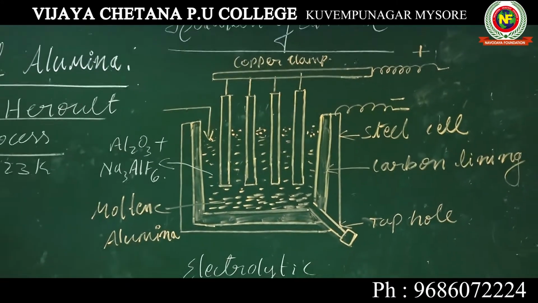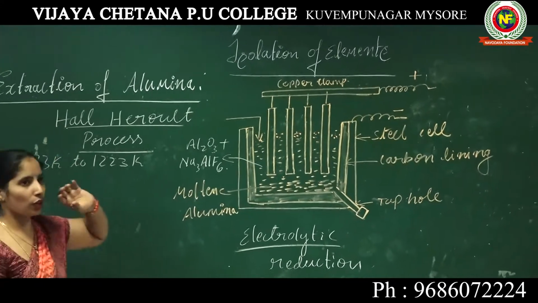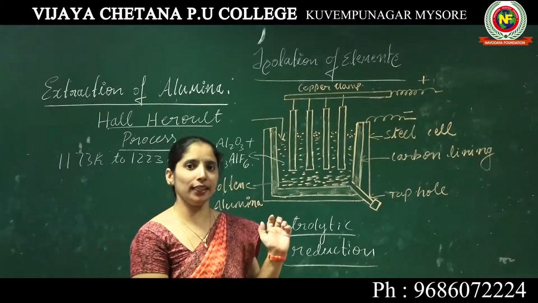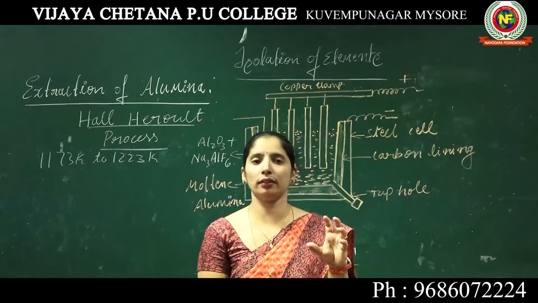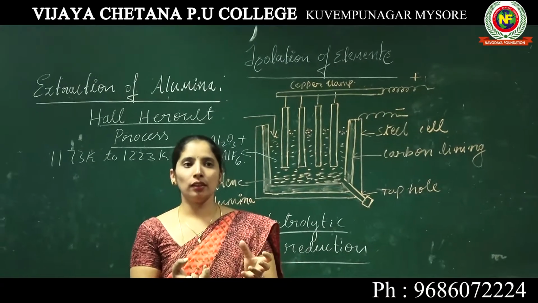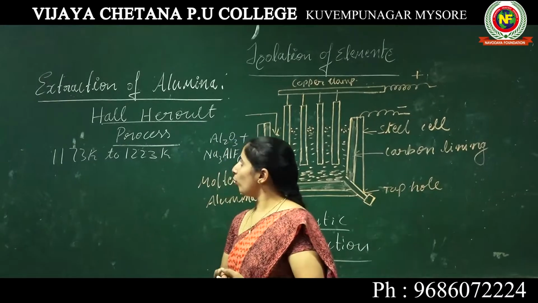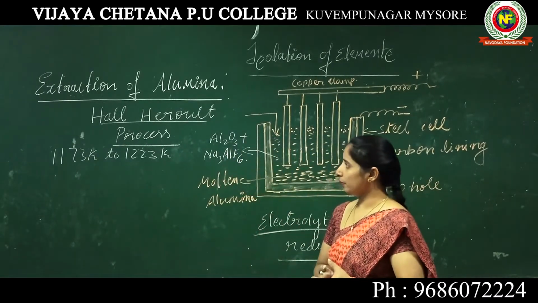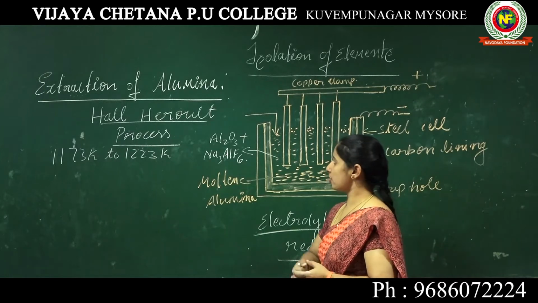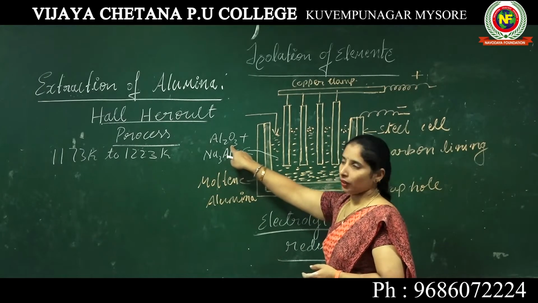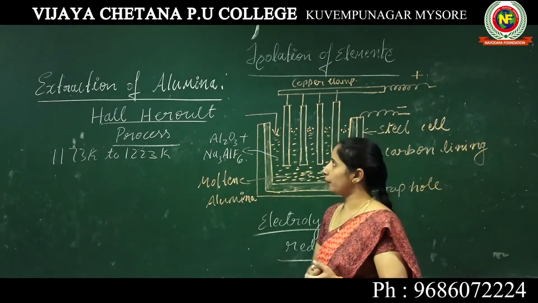Here the alumina is extracted. You all know that for any metal you are going to extract, you have to do the extraction. So here I am taking the ore for the extraction of alumina, that is Al2O3, pure alumina.